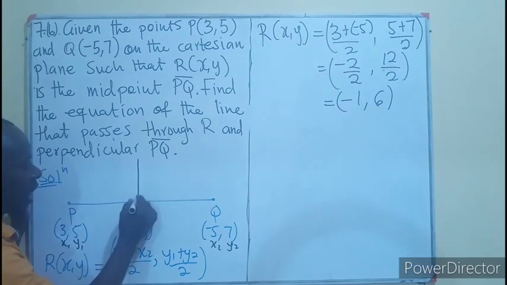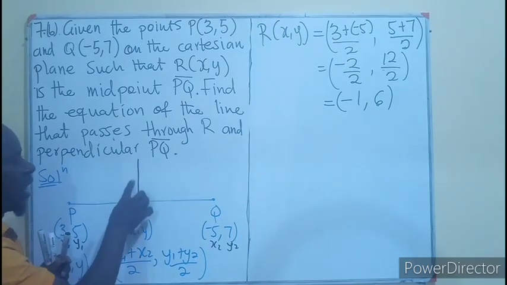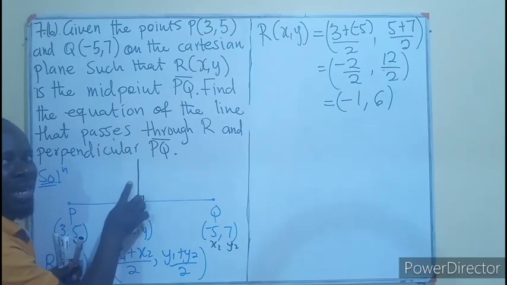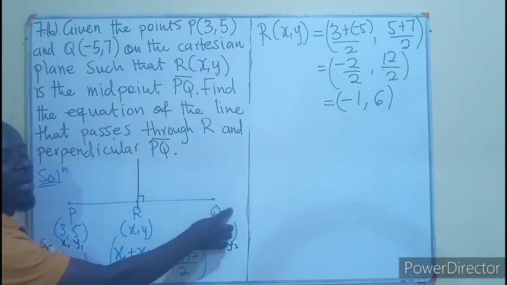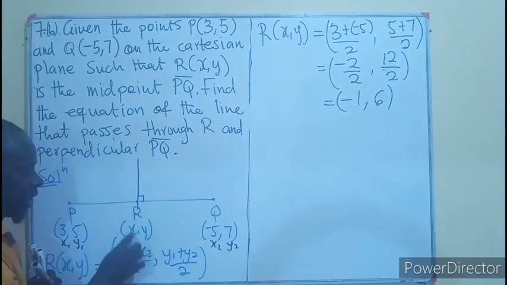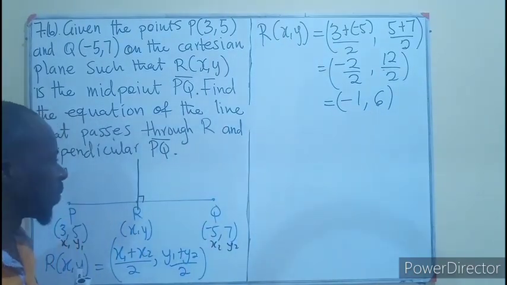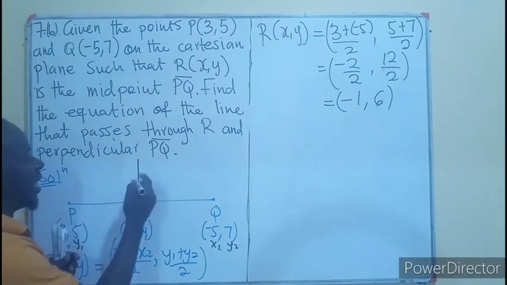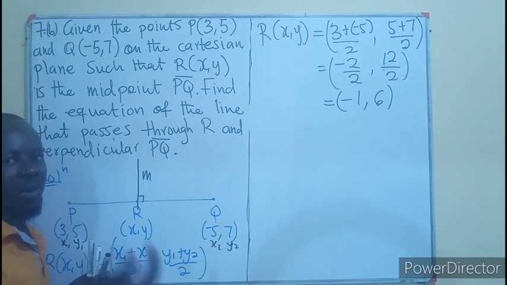If it is perpendicular, then it forms an angle of 90 degrees there. To find the equation of this line, I need the point at which it cuts PQ, and the point is (-1, 6). Then I also need the gradient of this line before I can find the equation.